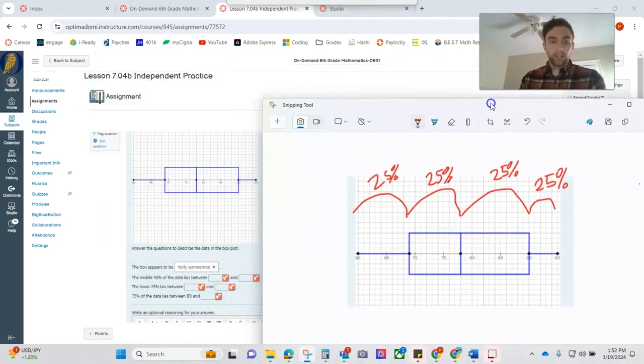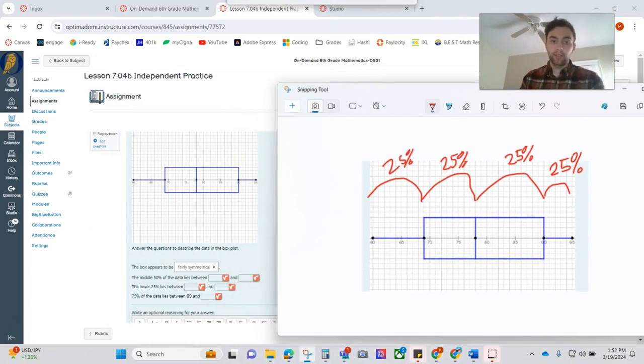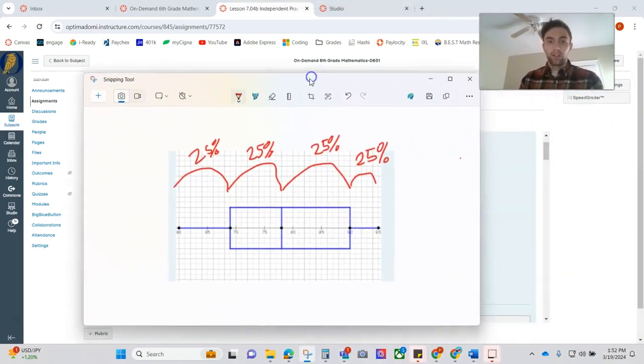So this question is asking the middle 50% lies between which 2 numbers? So our middle 50%, from here to here, 25 and 25, 50%, lies between what 2 numbers?